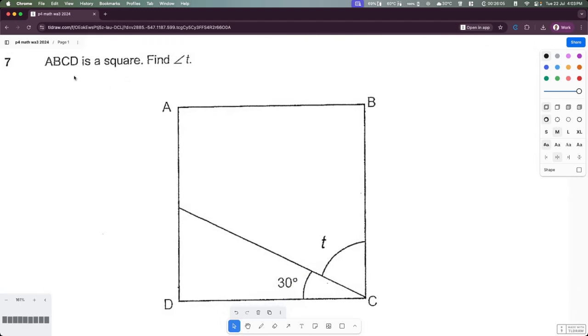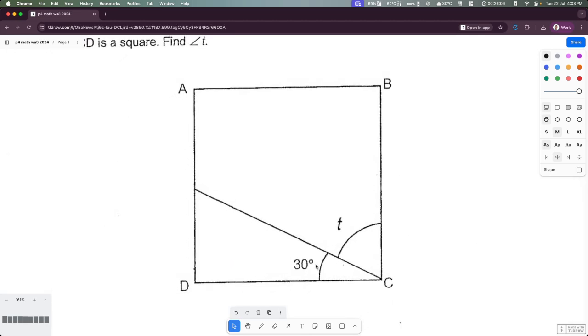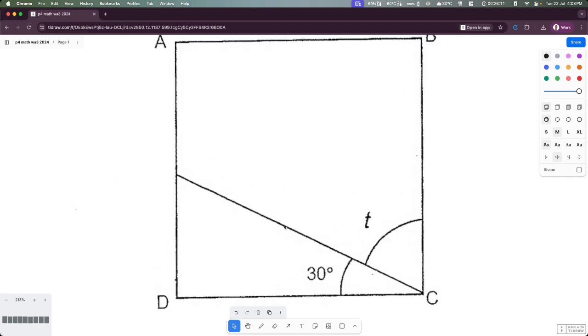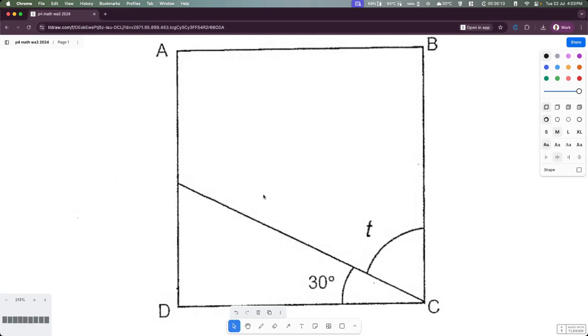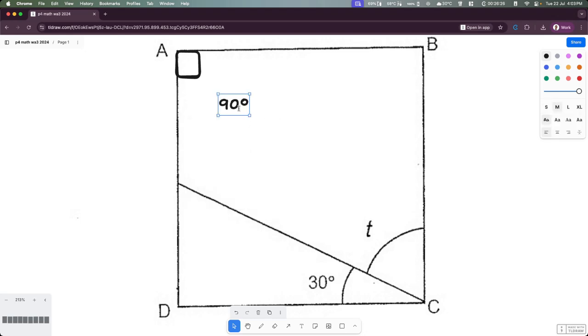Question 7. ABCD is a square, find T. The property of a square, if you remember, is that all angles are right angles. Right angle means that this is 90 degrees. We put a degrees sign over here. So all angles are 90 degrees in this case.